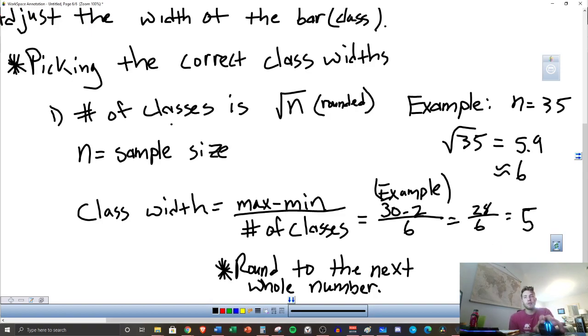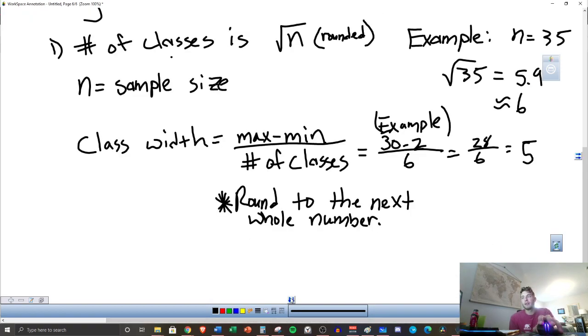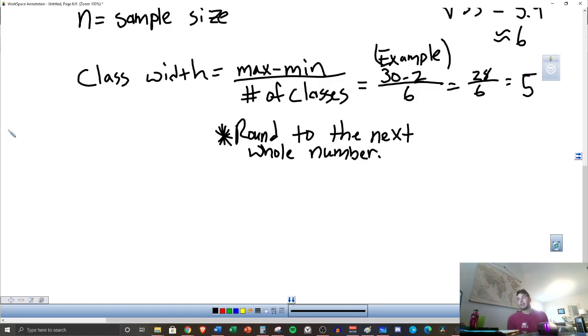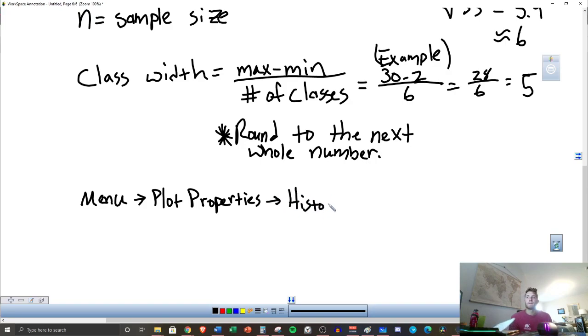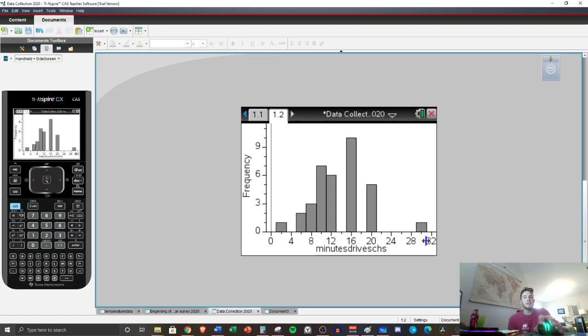So let's go to our calculator. And I'll write down the steps for this. So this is menu, plot properties, histogram properties, and I believe that it is bin settings.